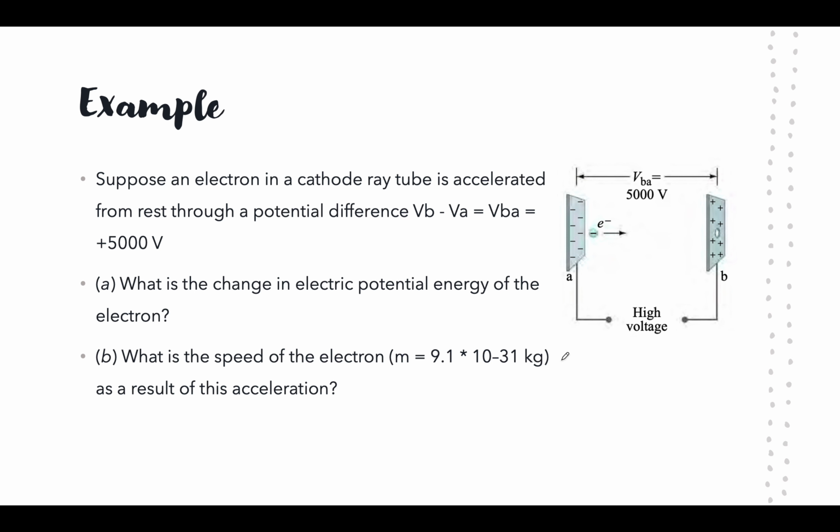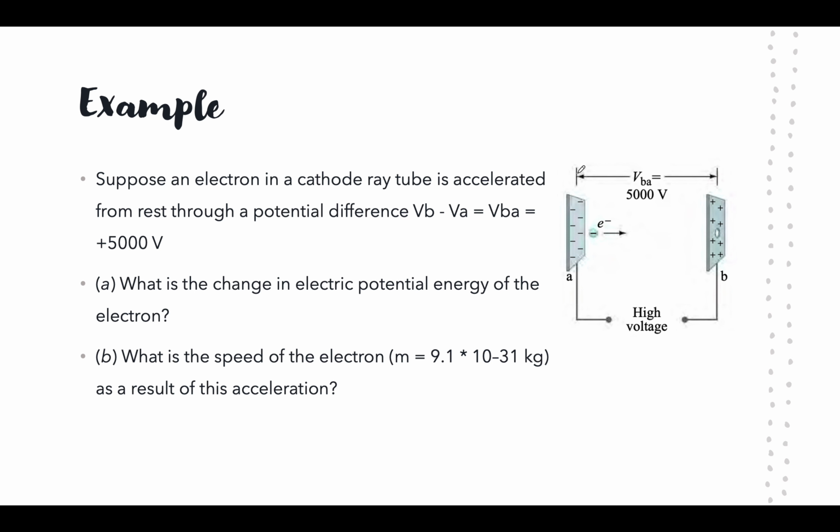All right, let's look at some examples, see if we can figure this out. Suppose an electron in a cathode ray tube is accelerated from rest through a potential difference of 5,000 volts, right? Now, this does not mean that the potential here is 0 and the potential here is 5,000.